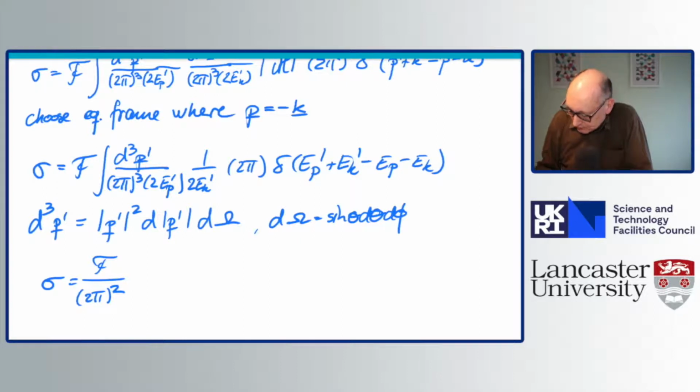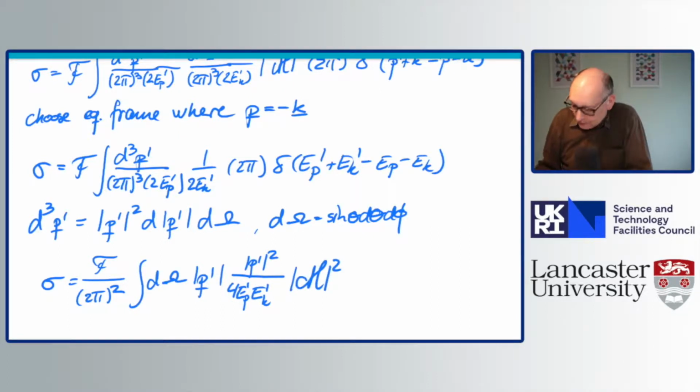There's a 2 pi used with the 2 pi here, so then it becomes the integral of d omega, and then a length of the outgoing momentum, P prime squared over 4 E_P' E_K', scattering amplitude squared, and the energy conserving delta functional.